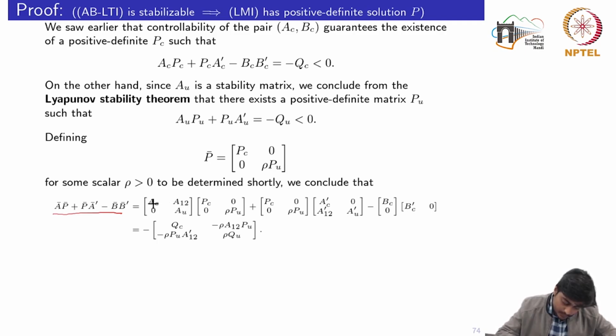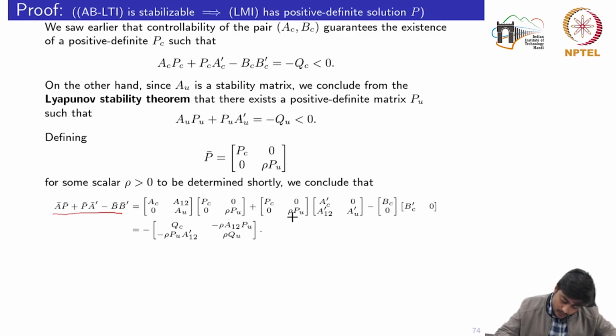Similarly, see this part, we would have A12 rho PU here, and the rest would be 0, with a negative sign because we have taken the negative sign outside. Another off diagonal element would be rho PU A12 transpose, and this would be 0.